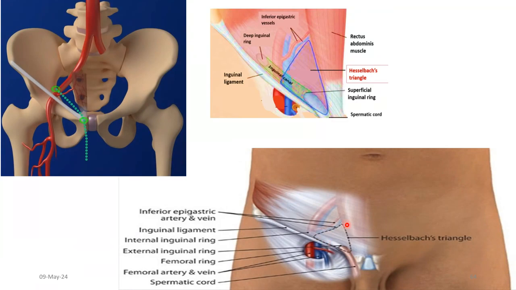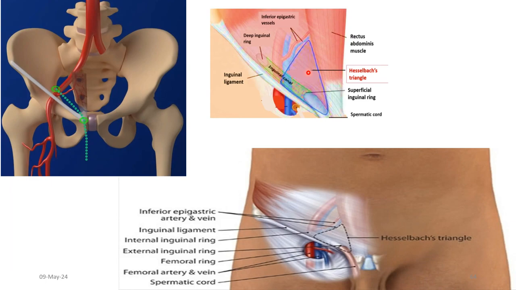It's located in the inferior aspect of the abdominal wall, and it's bounded medially by the rectus abdominis, inferiorly by the inguinal ligament, laterally by the inferior epigastric vessels themselves. So it's a weak spot within your lower abdominal region, and herniations can easily occur through this triangle.